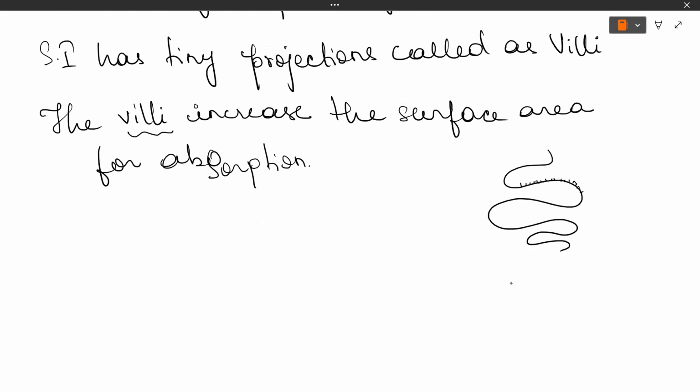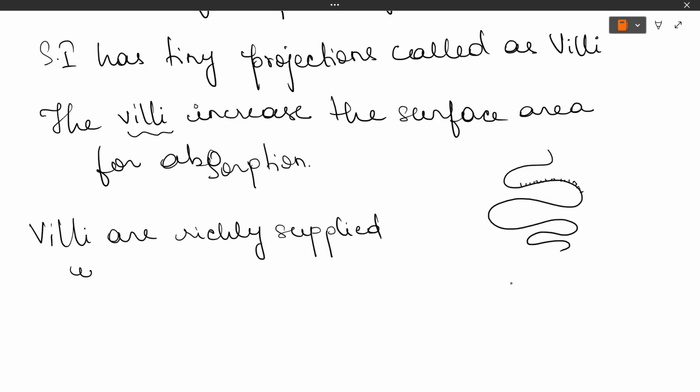Secondly, apart from increasing the surface area, the villi are richly supplied with blood vessels. You can write down that the villi are richly supplied with blood vessels.